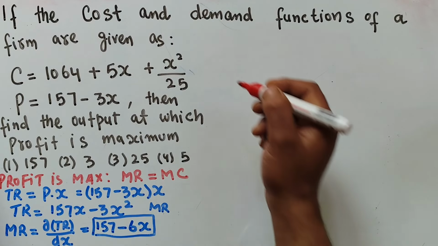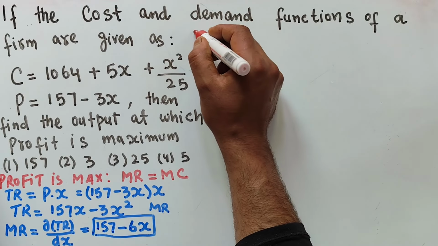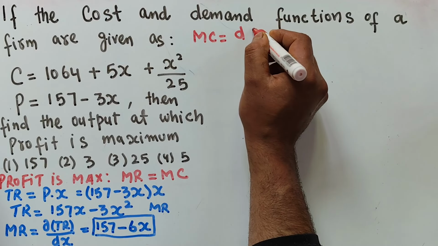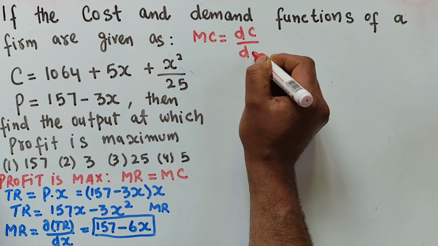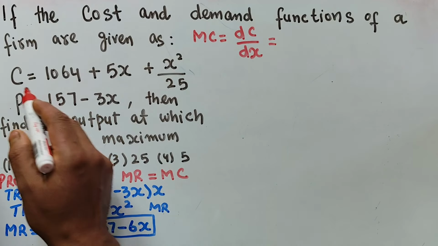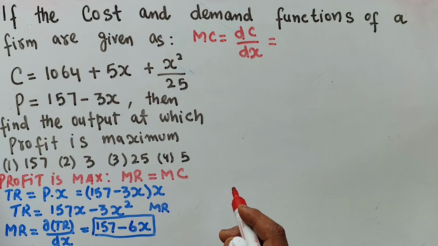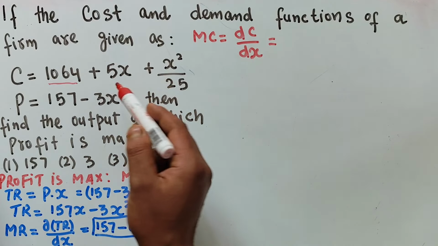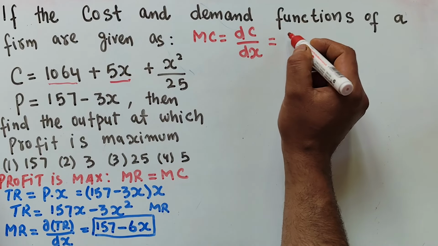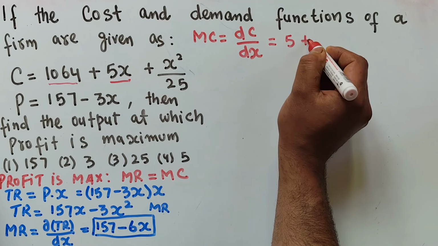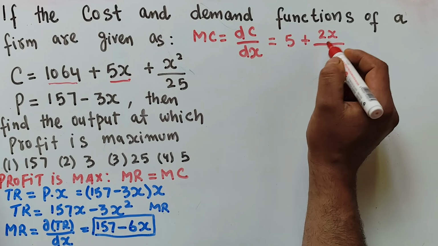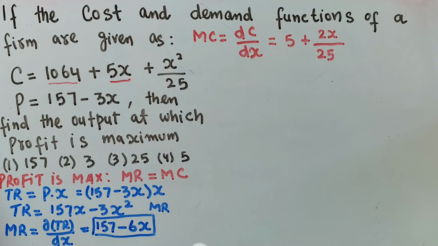Okay, by the same logic, we have to find out the marginal cost. What will be the marginal cost? That will be the change in the total cost due to the change in the output. So total cost function is being given, we need to differentiate it with respect to output. Derivative of a constant is 0, derivative of x in the second term is 1, we are left with 5, plus derivative of x square is 2x, so we get 2x upon 25.